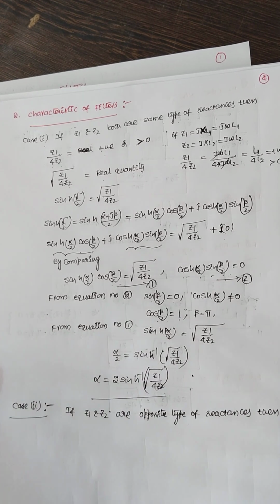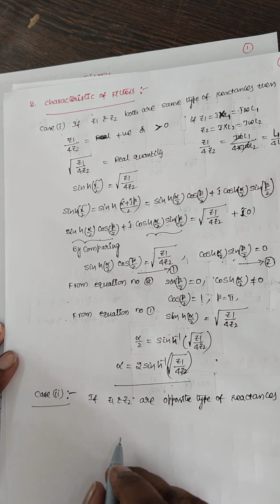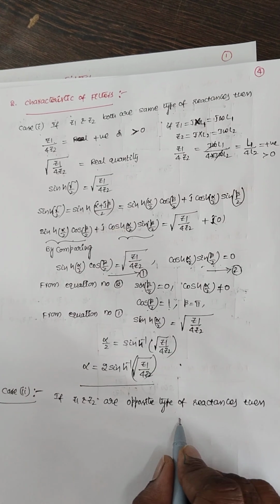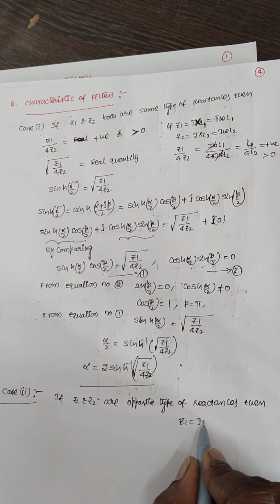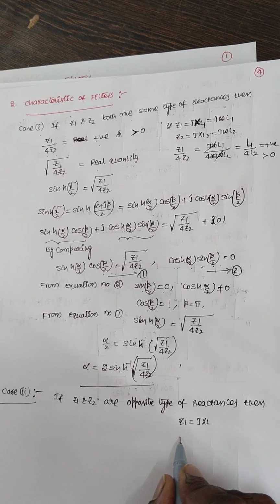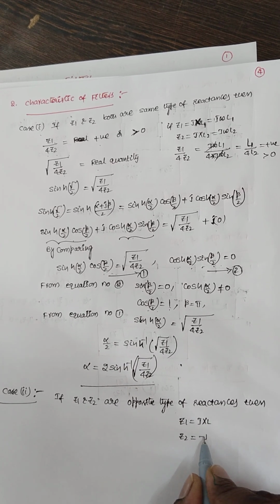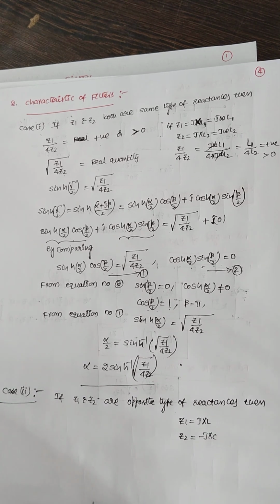Now let me calculate. Suppose z1 is equal to j omega L and z2 is equal to minus jXc, because both are opposite.